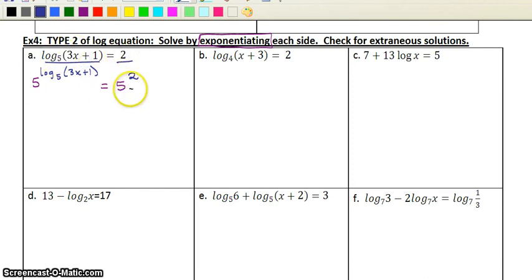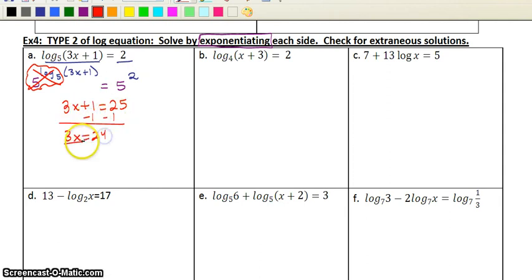This works because now this part, 5 to the log base 5 power, cancels itself. I just have 3x plus 1 equals 5 squared, which is 25. Go through and solve it at this point. I end up with x equals 8.